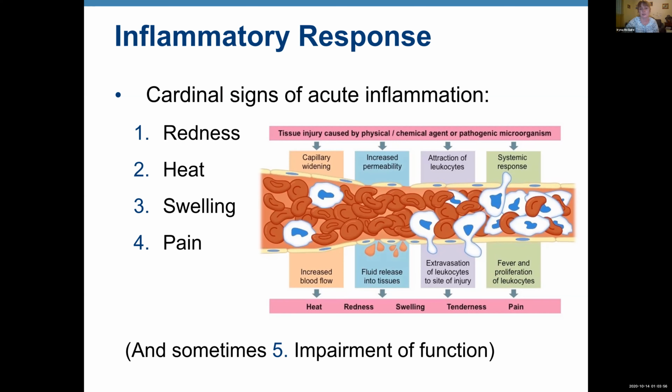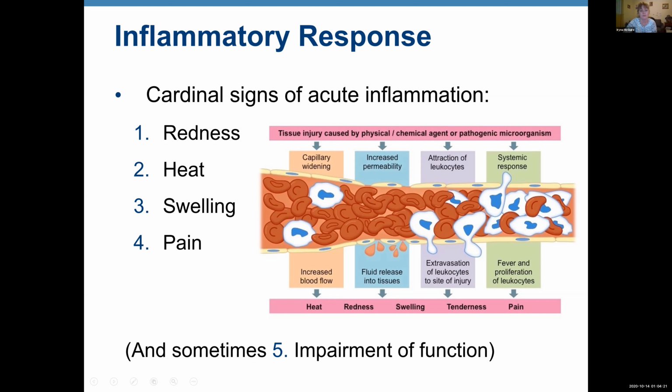You can cut yourself, that's damage. Or bacteria can live in your throat, start reproducing and secreting different toxins that also damage your cells.